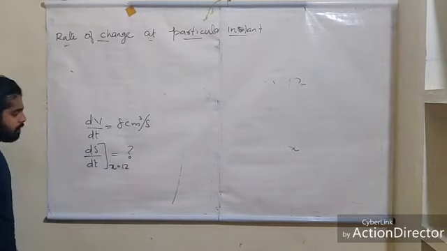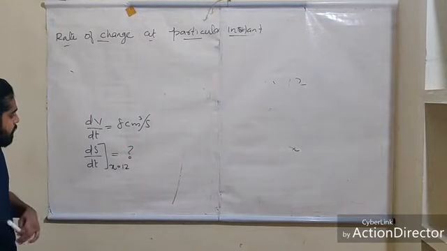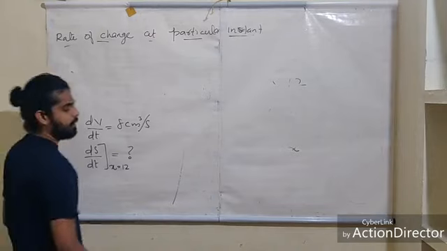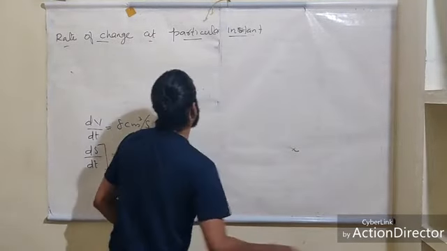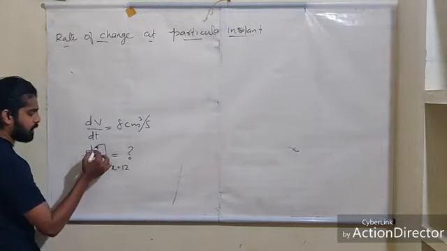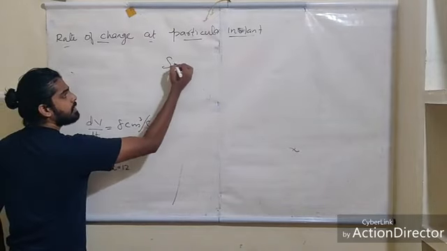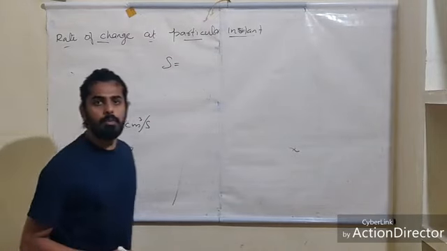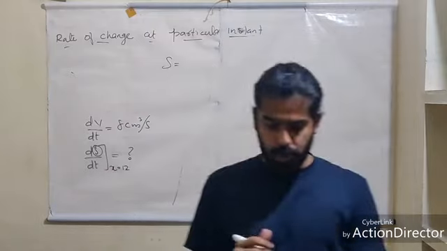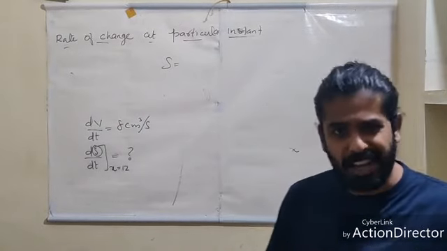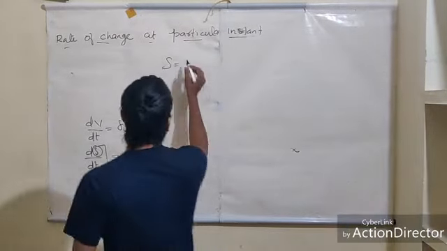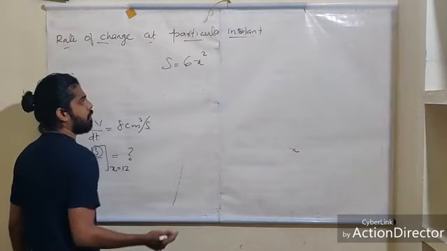So this is dV by dt. You have to find dS by dt. Before that, what is S? S is surface area. And what is the surface area of the cube? The cube has 6 surfaces which are squares, so 6 into x square, which you have already learned in class 9 or class 8.